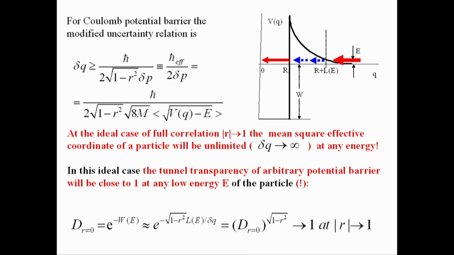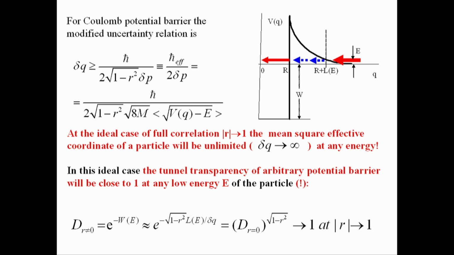So let's consider the same process. If we use not the pulse Planck constant, which is well known, but an effective Planck constant, we have such an additional square root. So of course, for totally correlated states, when the ratio of the size or width of the barrier to such a fluctuation quantum is very large, the square root is equal to 0.